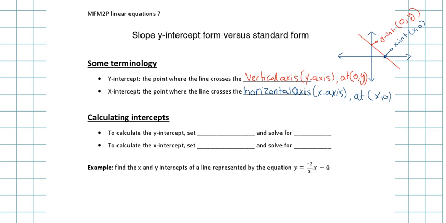Now, to calculate the y-intercept, which value do I set at 0? Which value would be the 0 value? X or y? X. So set x equal to 0 and solve for the y value.